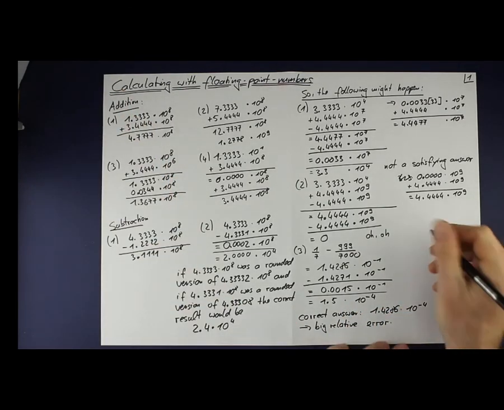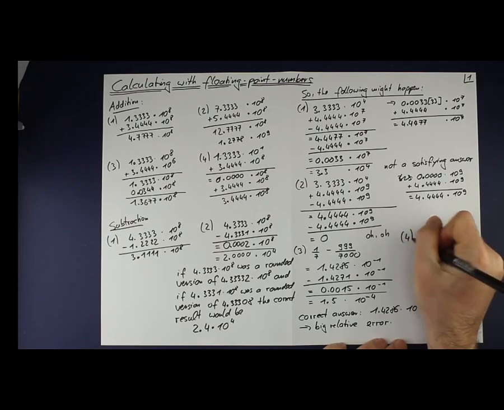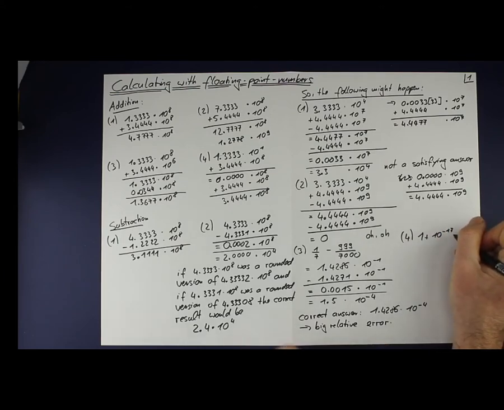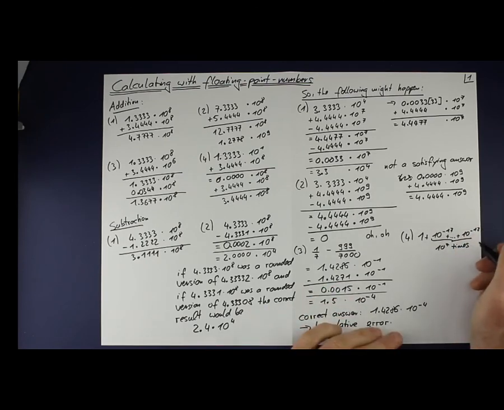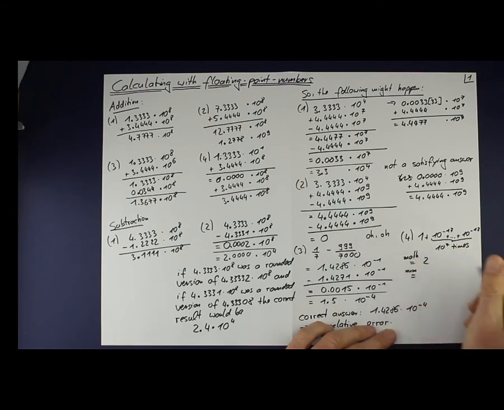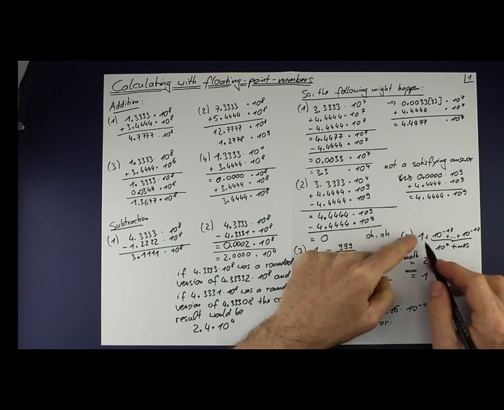And let's have a fourth example. If you take the number 1 and then add on a real computer 10 to the minus 17, and you do that a lot of times, then the mathematically correct result is 2, obviously, but numerically the result will be 1.